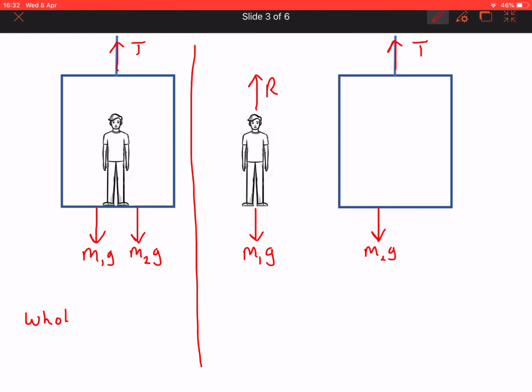Now, I'm just going to draw a little dividing line down there, because at the moment we've got the whole system on the left, and we've got the person plus the lift on the right. Now, if you put the person into the lift, you can see that we would need to also have a force downwards acting on the lift, which is equal and opposite to the reaction on the person.